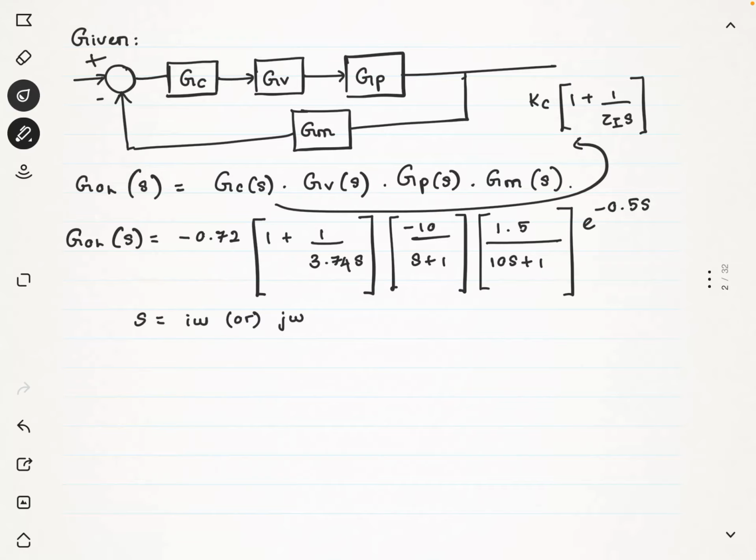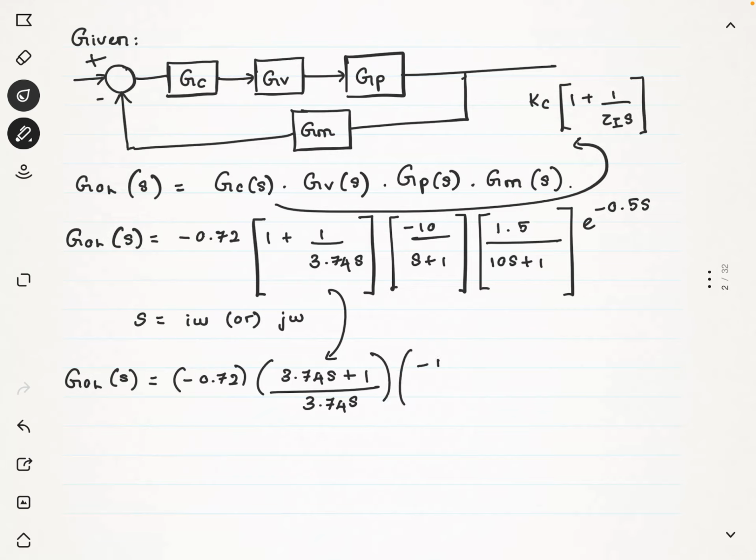Before that, I'll just do some basic simplification here. The rest will be the same, minus 10 by s plus 1. So now we substitute s equal to i omega.